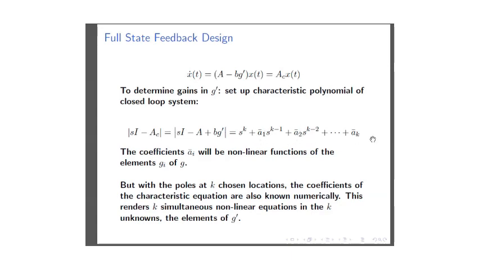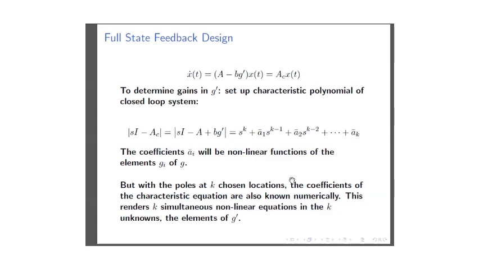So each one of the k coefficients gives me an equation where I've got a nonlinear function of all the G's being equated to a known numerical value. So I've got k simultaneous equations that I can solve for the unknown G values. So it's very easy, it's just doing that.